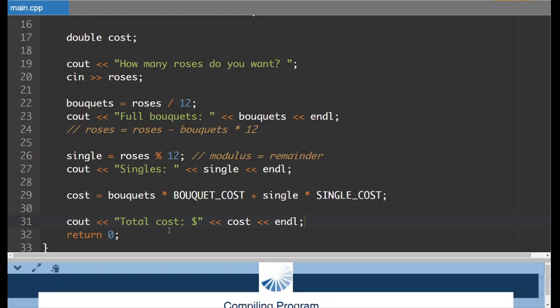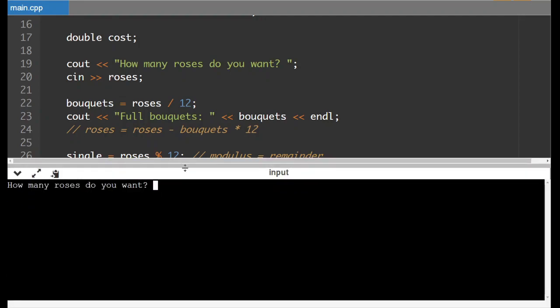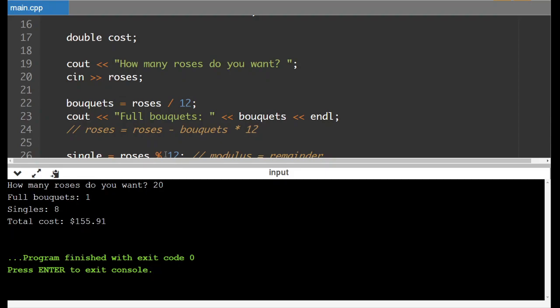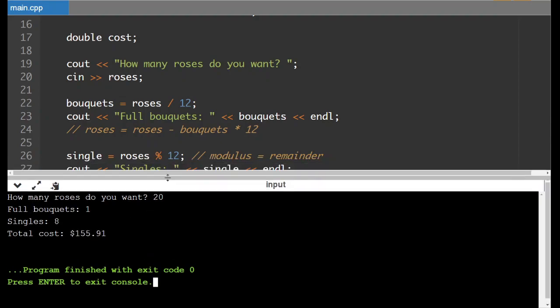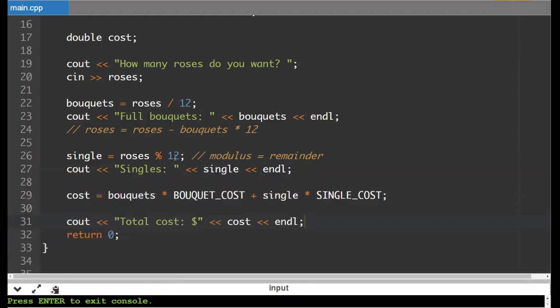So I'm going to run that. Okay, how many roses do I want? I'm going to go with 20 again. So 20 roses using that formula is going to generate $155.91. So there are a ton of places that we can make use of this modulus, and we'll continue to learn a little bit more of sort of its applications.